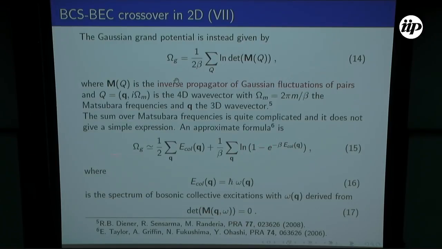That is the familiar finite temperature contribution of a bosonic gas, where the particles of this gas are the quasi-particles given by this energy, with this momentum, Q. And this energy is related to this frequency, omega, and omega is related to the momentum Q through this equation, that is the determinant set equal to 0 of the inverse propagator M. So not easy to do.